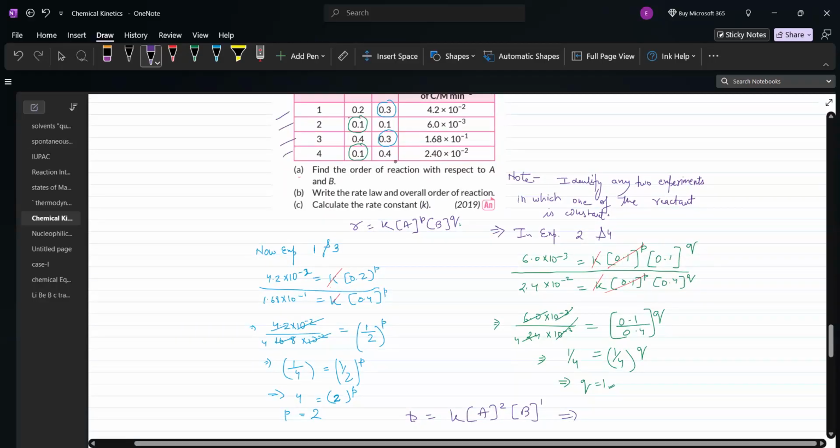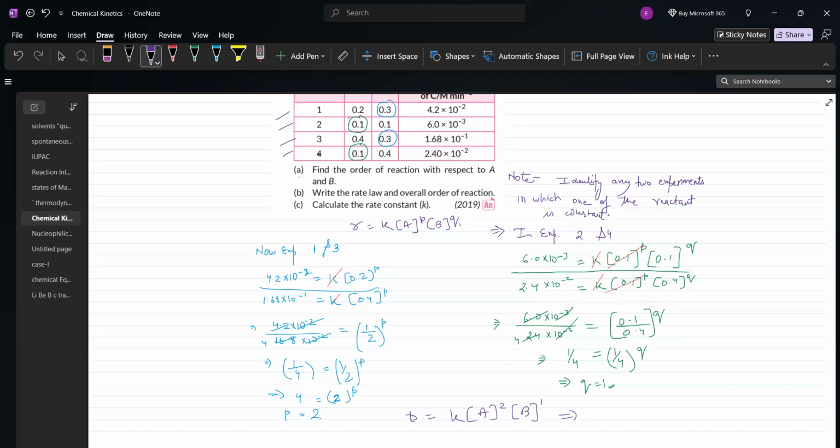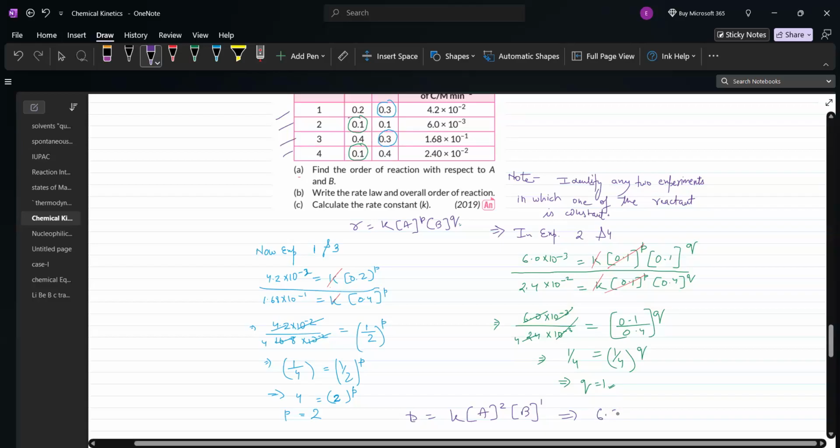So which one should we take? Obviously we will leave 3 and 4 because the values are a little complex here, and the second one is the good one, right? Shall we take the second experiment? Yes, sir. 6.0 into 10 to the power of minus 3 equals K, we have to find it out, right?